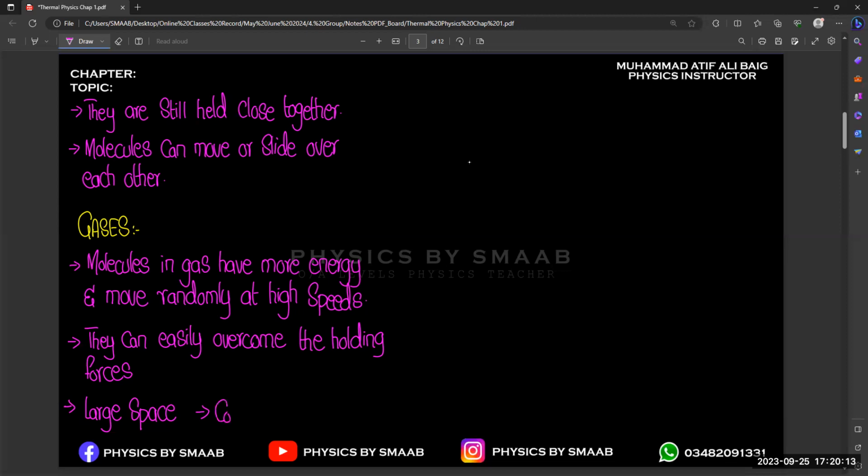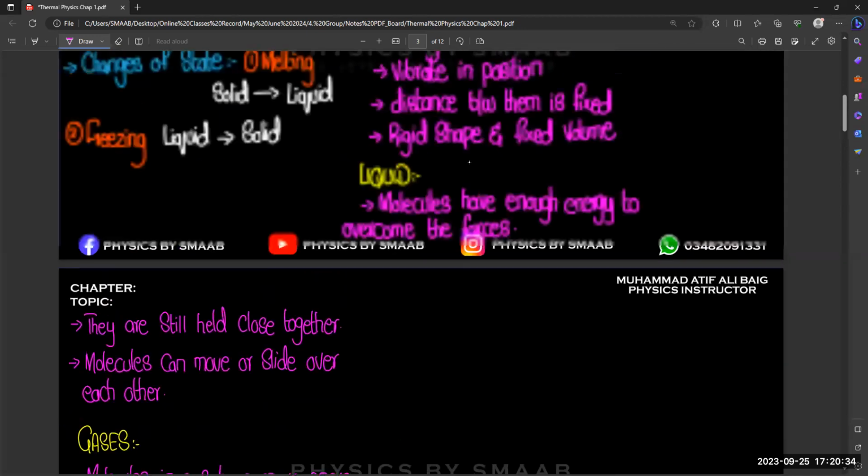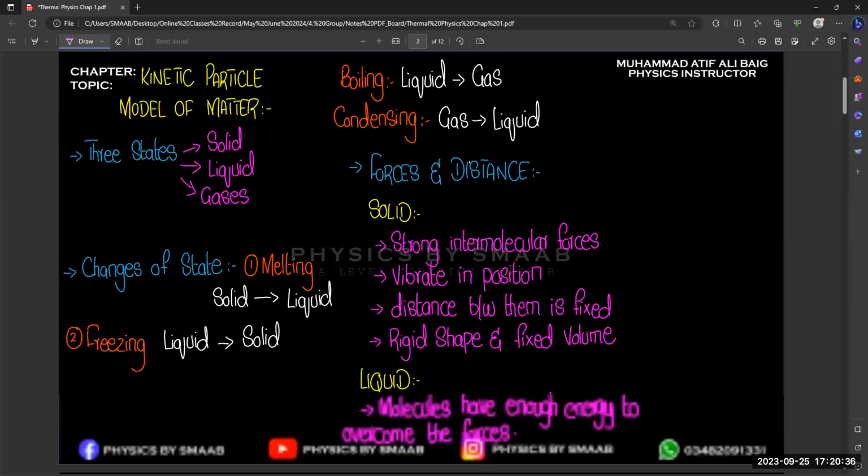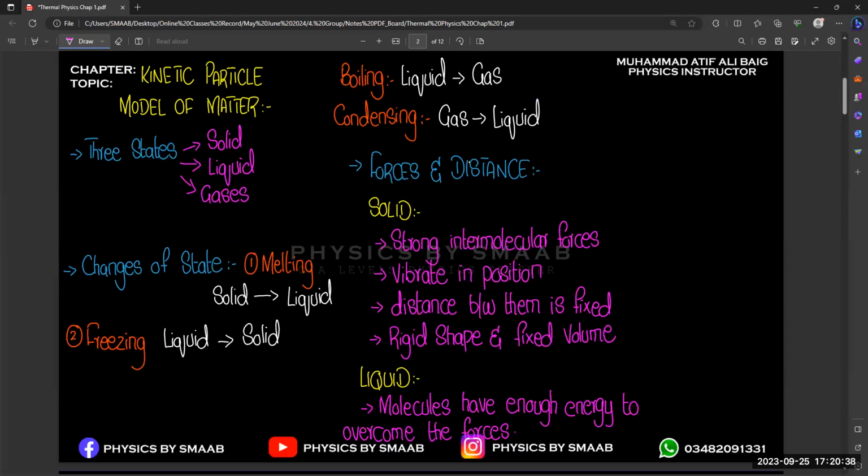So there is a process of compression and rarefaction involved in gases. So these are some differences between solid, liquid, and gases according to their intermolecular forces and their distances, right?